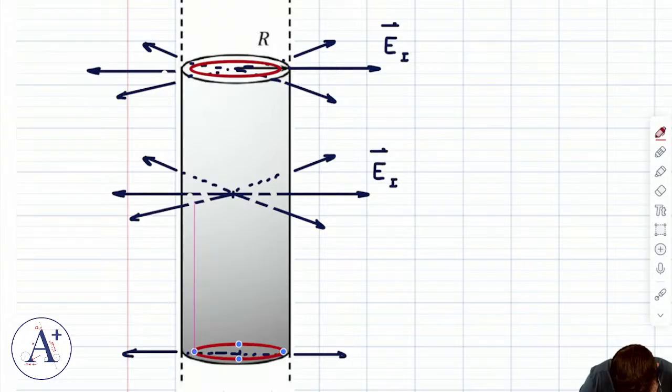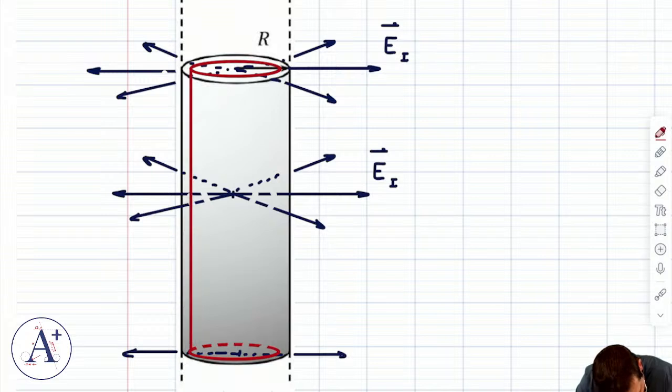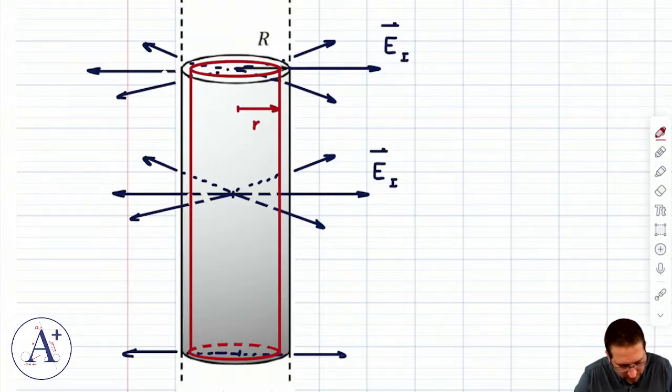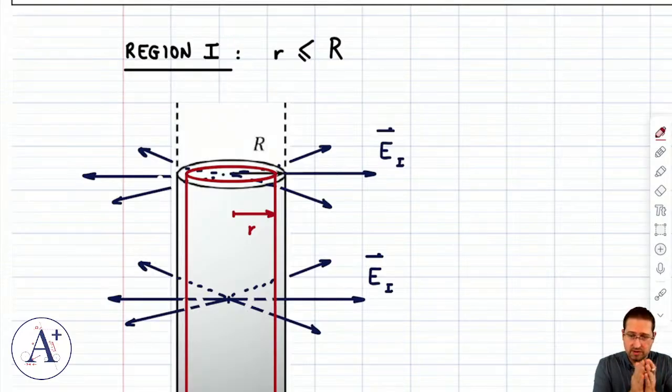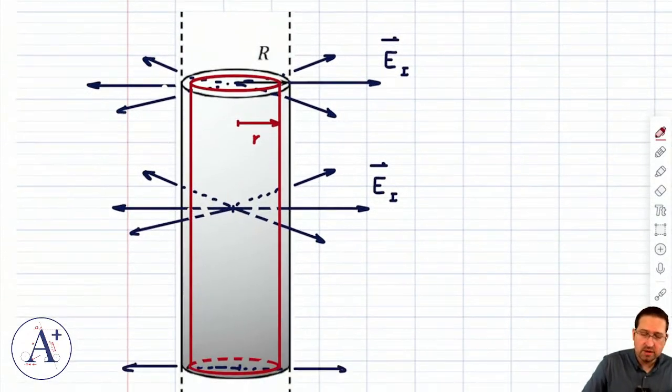So I'm going to draw a Gaussian cylinder like this. I'm going to give it a radius little r. That's why we said little r is less than big R, okay? So that the cylinder lives within region 1.